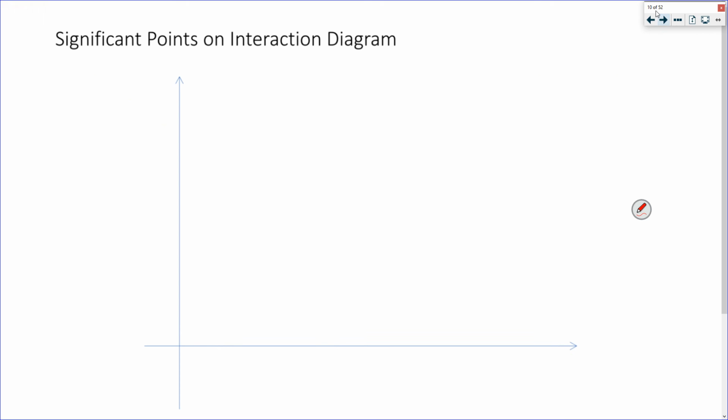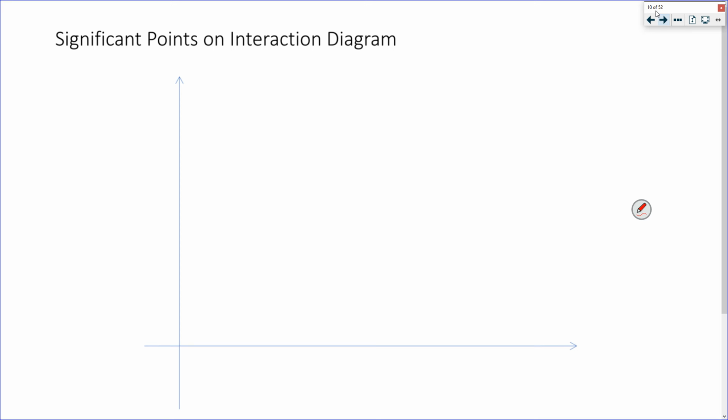So I select a strain profile, I calculate everything. I'm going to select a couple of special strain profiles to use. I'm going to do this on purpose.